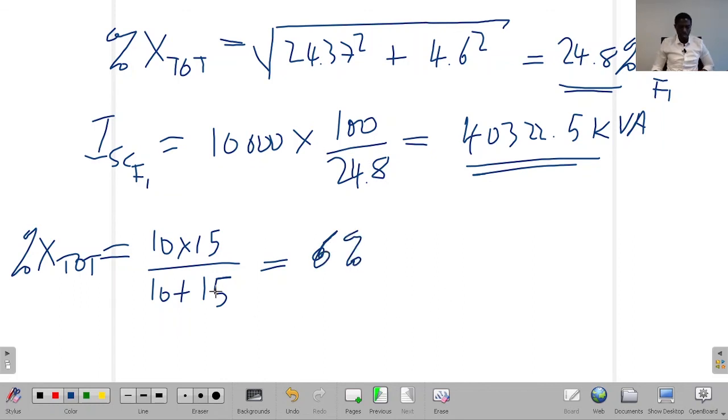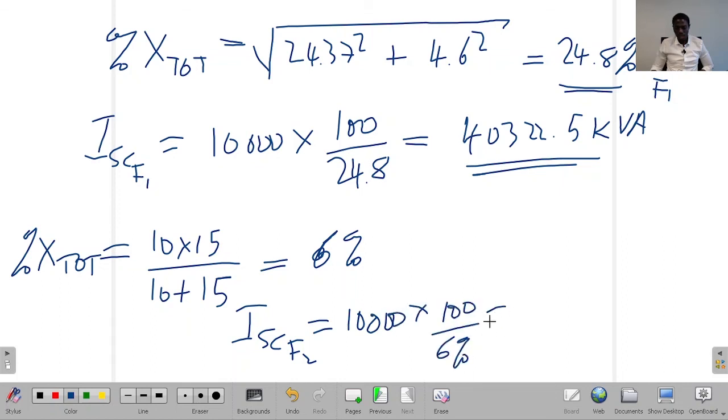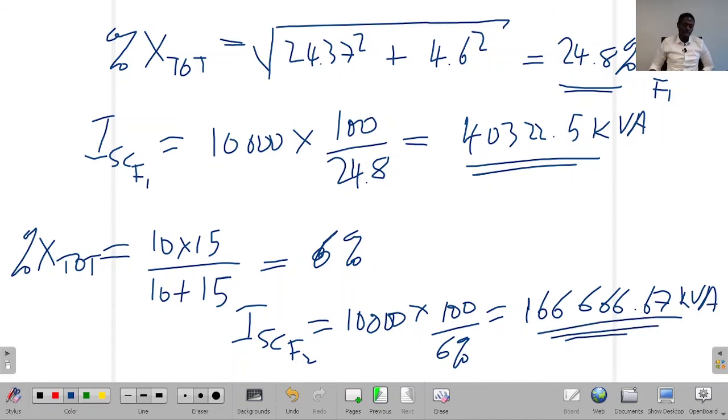This is what we use in our short circuit calculation up to point F2. It is 10,000 times 100 over 6%, and this gives us 166,666.67 kVA as our short circuit current up to fault point F2.